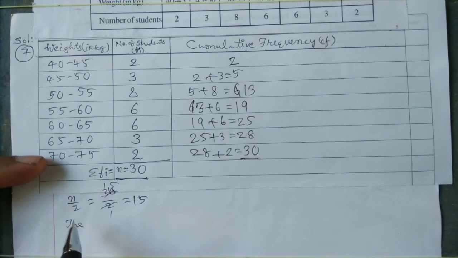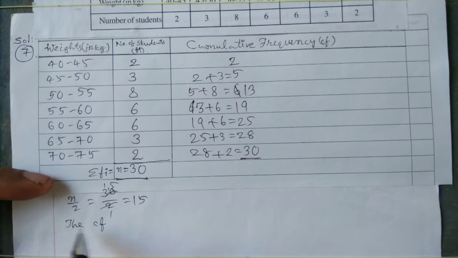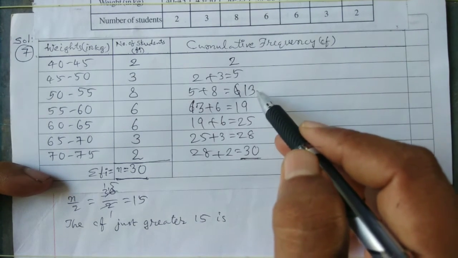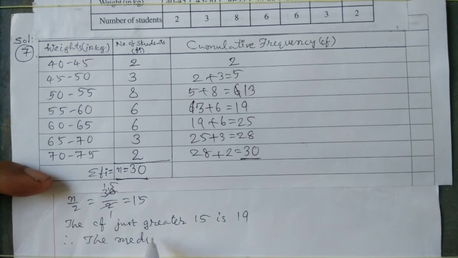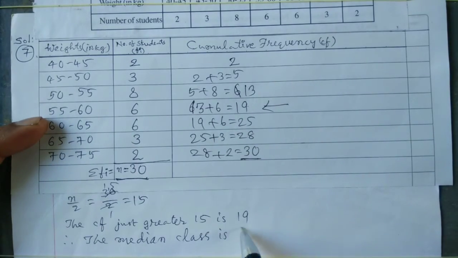The cumulative frequency just greater than 15 is 19. Therefore the median class is 55 to 60.